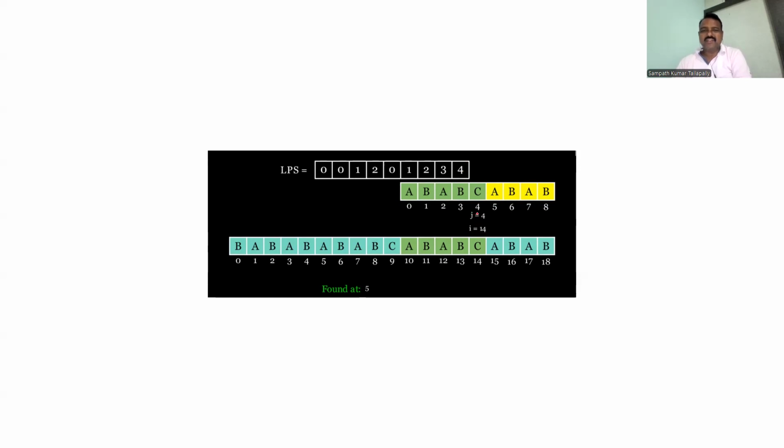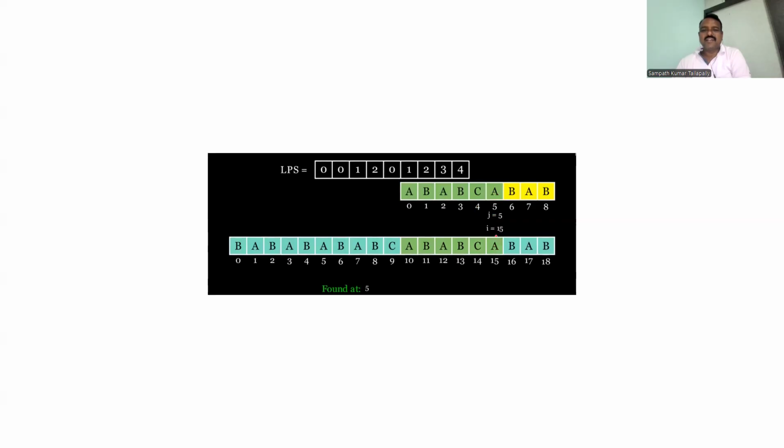Now the J value is going to become 4 because my J value was equal to 8. 8 minus 4 will be equal to 4. So now we are going to shift the control here. Now we are going to compare my Jth value with my Ith value. Again it is observed that these two characters are equal, and these two are equal, and these two are equal.